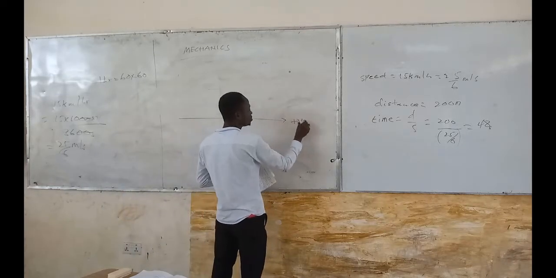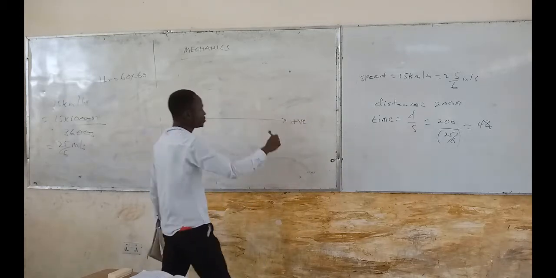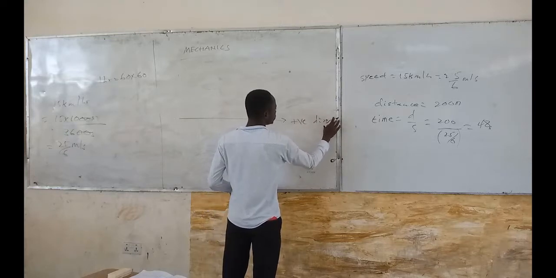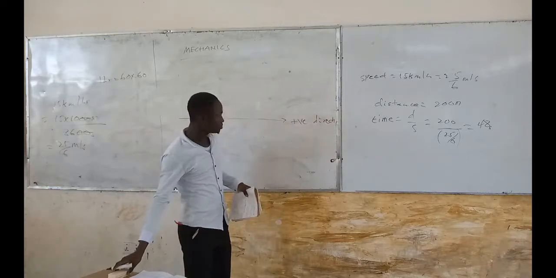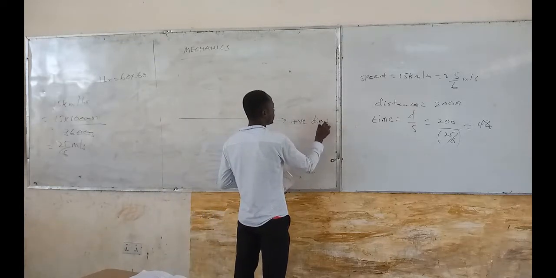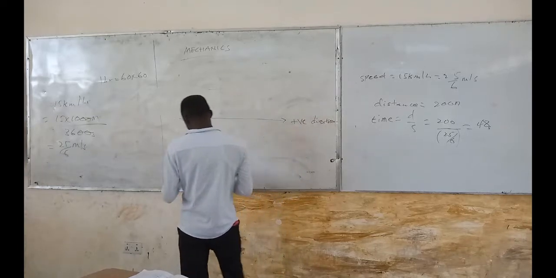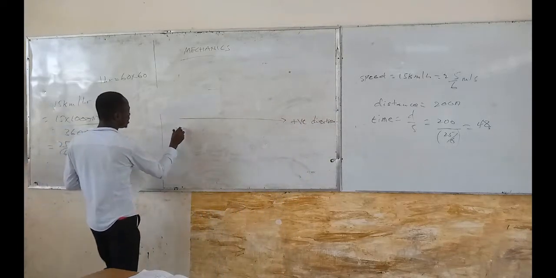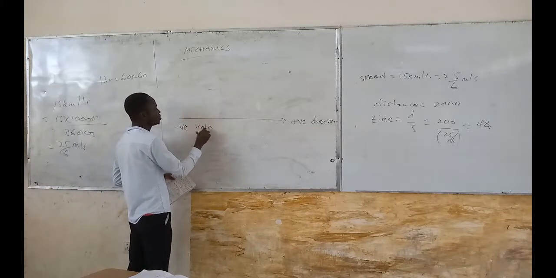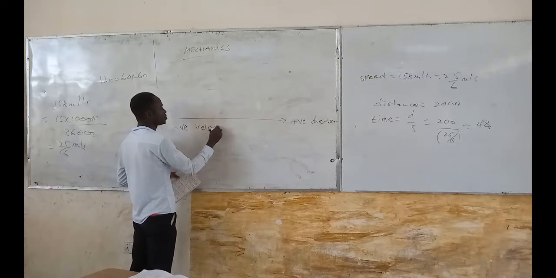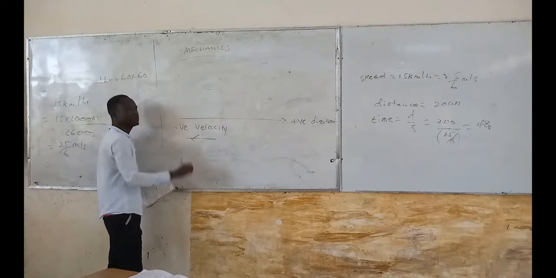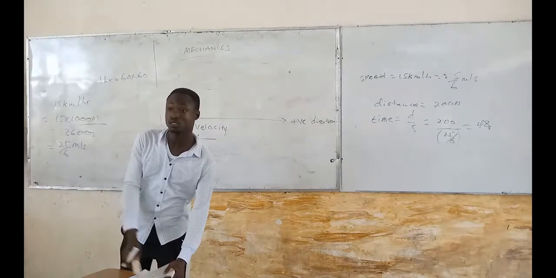So we regard this direction as positive, and the one opposite to it as negative. So we have velocity.